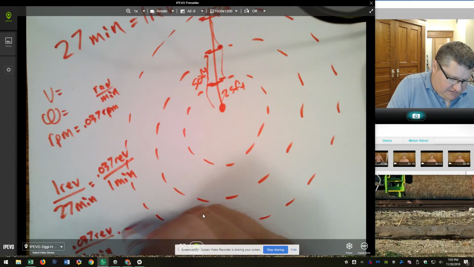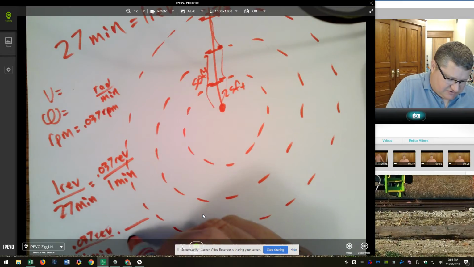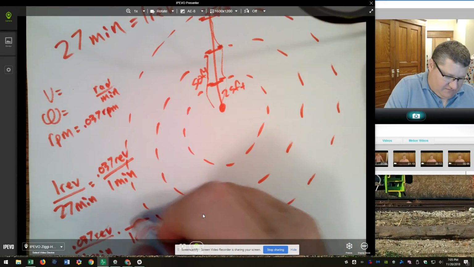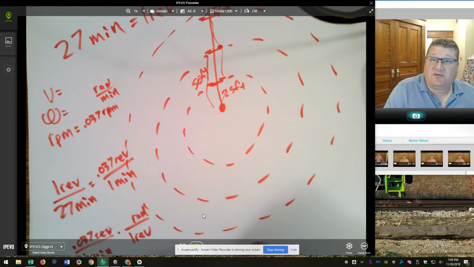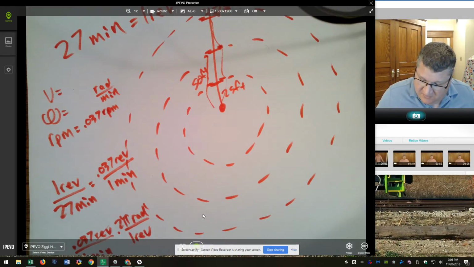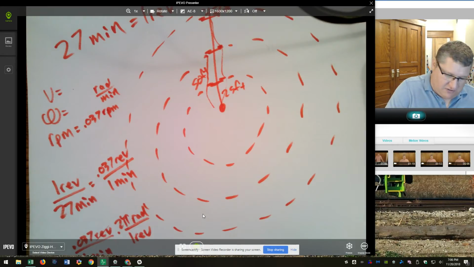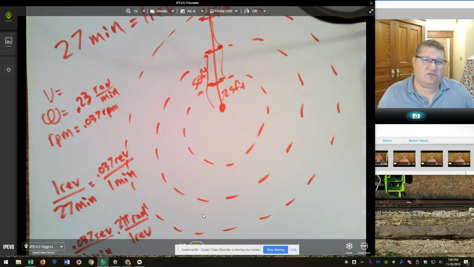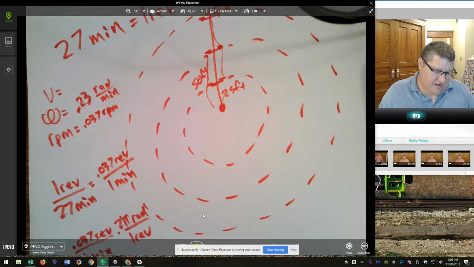I need to get rid of revolutions, so I'm going to put 1 revolution on the bottom. And how many radians are in 1 revolution? The answer to that, of course, is 2 pi. So I simply multiply that by 6.28. The answer is 0.23. So I have 0.23 radians per minute.